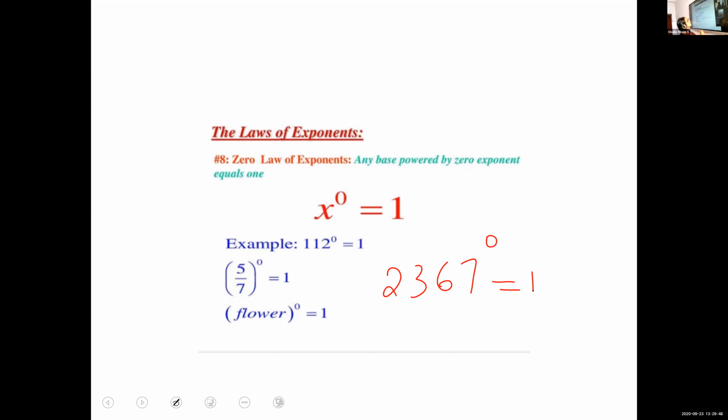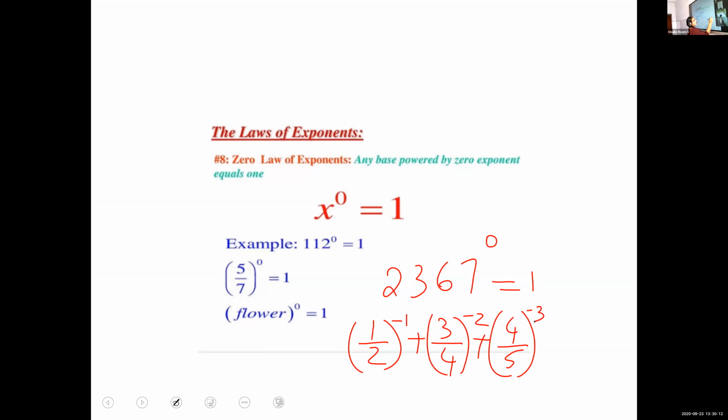Next is Ken. 1 by 2 the whole raised to negative 1 plus 3 by 4 the whole raised to negative 2 plus 4 by 5 the whole raised to negative 3, the whole raised to this quantity raised to 0 equals what, Ken?